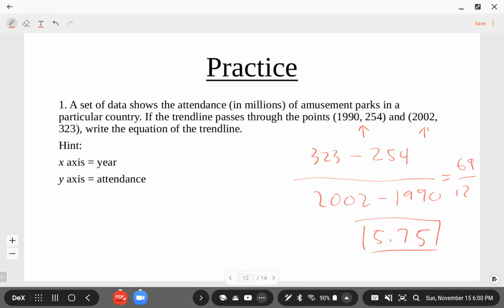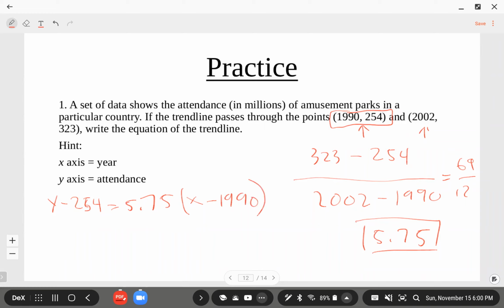Now we just have to substitute in one of the points. In our point slope form, y minus y1, let's use this first point I gave you. y1 is 254, the y value of that point, and that equals m, which is the slope, 5.75, times x minus the x value of our particular point, which is 1990.